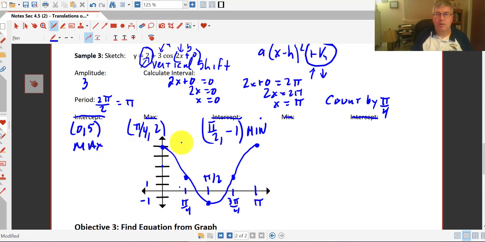And our final point, I'm missing one, 3 pi over 4 was 2, and then our final point was pi and 5, so we're back at the maximum again, and our cycle is going to repeat.